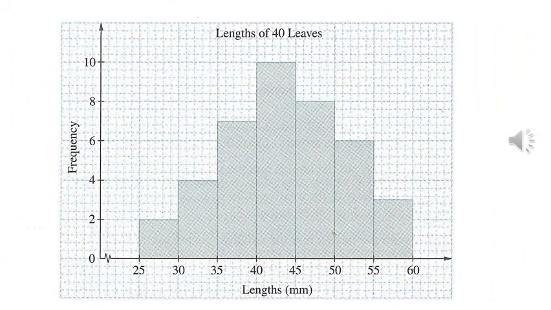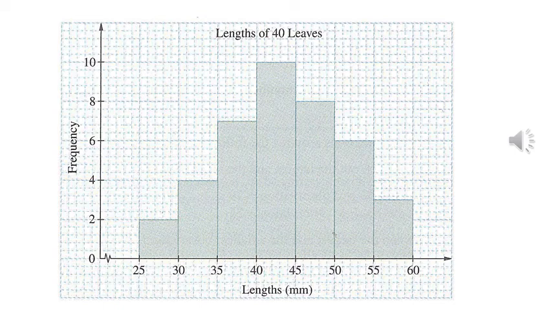Take the lengths, the data, on the x-axis, and frequency is always on the y-axis. The maximum frequency in our table is 10, so we take our y-axis up to 10. The first class is 25 to 30, so the height of this class is 2 because the frequency for this class is 2.